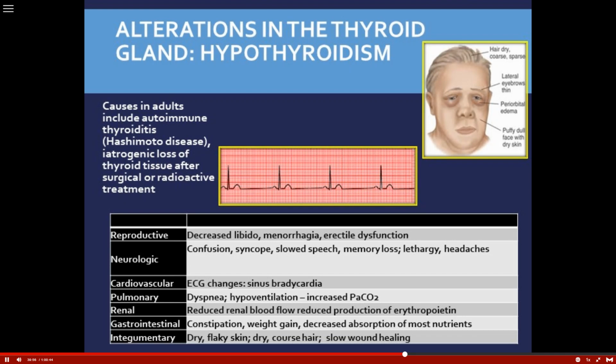So we know the thyroid hormone is very important in that normal hypoxic and hypercapnic drive. Other things, constipation. So when I really got to think about that thyroid hormone, don't have enough of it, wow, everything slows down, gets sluggish.